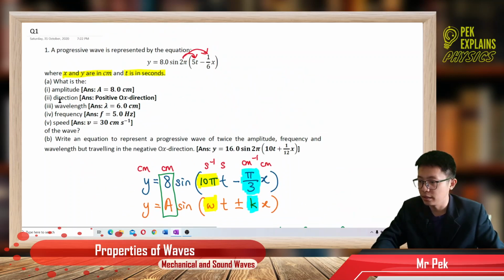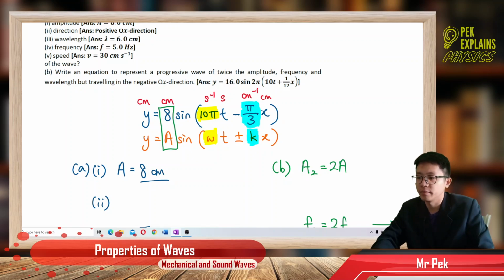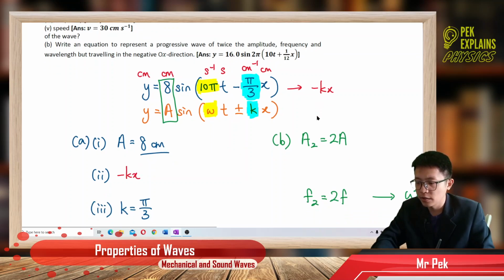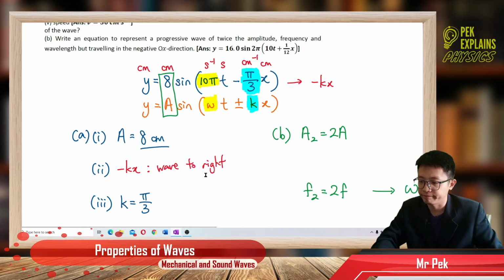Now, what is the direction of the wave? We look at the sign. The sign is negative, negative kx. The negative means the wave moves to the right.